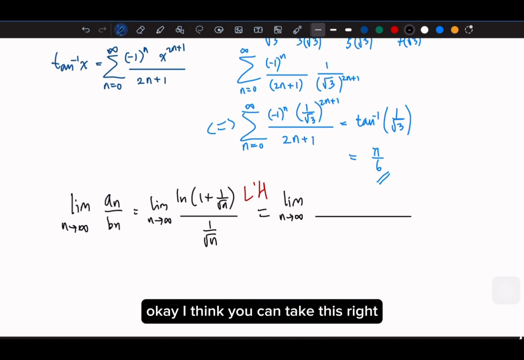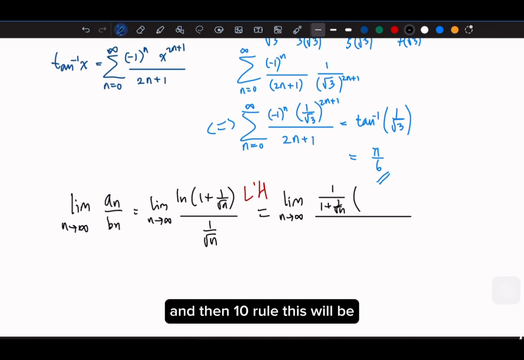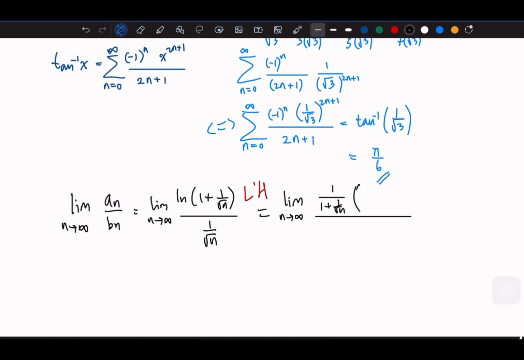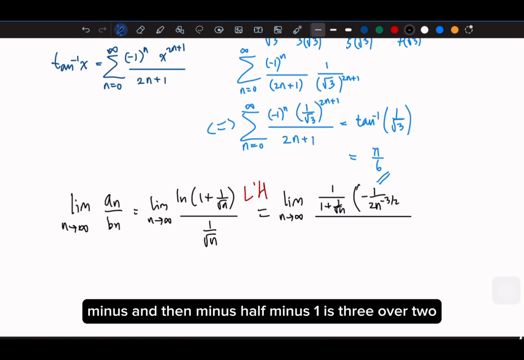I think you can take this, right? And then the chain rule. This will be minus, and then minus half minus 1 is 3 over 2.